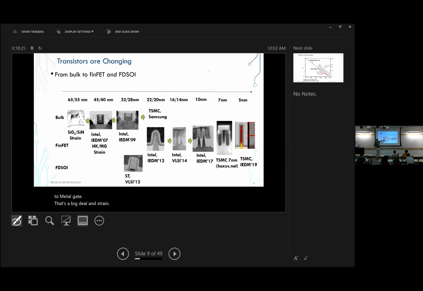And strain. Then 22, 28 nanometers, which essentially featured a few big improvements. For example, what you can see here, it does not have this little lip on the bottom, which means that we got away with a different, better way of building high-k metal gate.